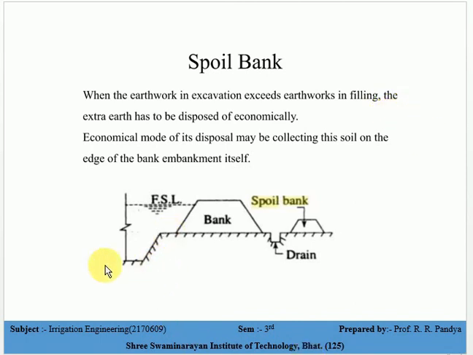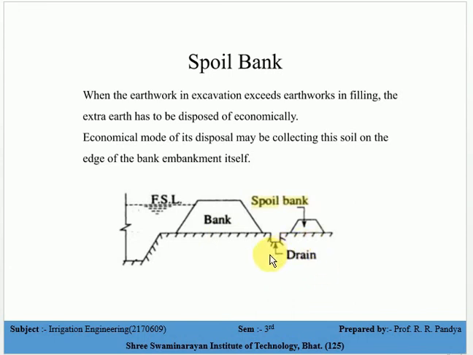If the earthwork from the cutting is more than the earthwork provided into the filling, then the extra earth has to be disposed of economically. The economical mode of its disposal may be collecting this soil on the edge of the bank embankments itself, right? So that extra earth material we have to dispose somewhere. So we can make a spoil bank from the end of this canal bank, right?